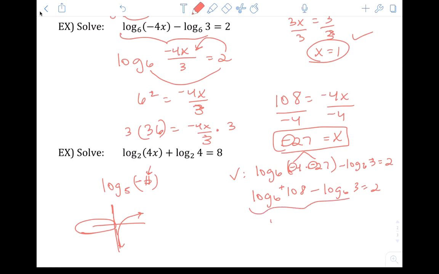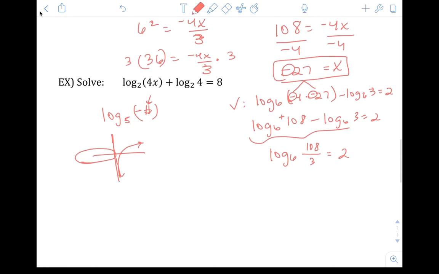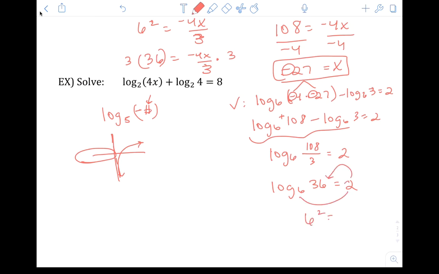When you put those together, log base 6 of 108 divided by 3, 108 divided by 3 is 36. So you have log base 6 of 36 equals 2. Is 6 to the second equal to 36 when you change it from bay to bia? Yes, it is. Negative 27 is not extraneous. It works just fine.